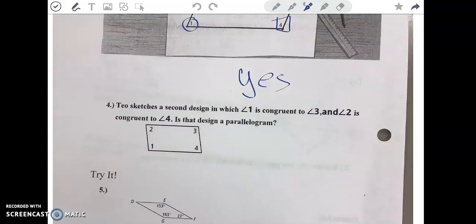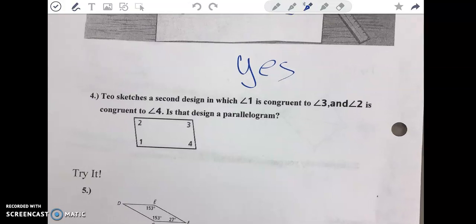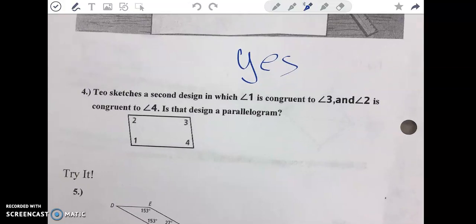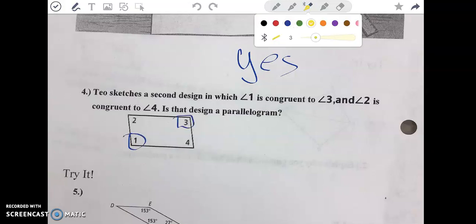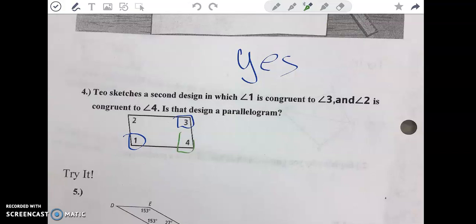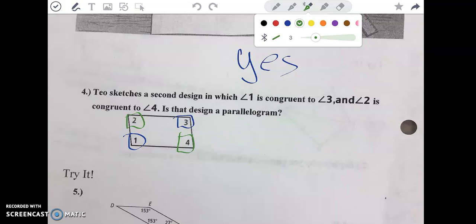This next one is a little bit trickier. Teo sketches the second design. It says angles 1 and 3 are congruent, and angles 2 and 4 are congruent. Well, we have to go a little deeper with this one.